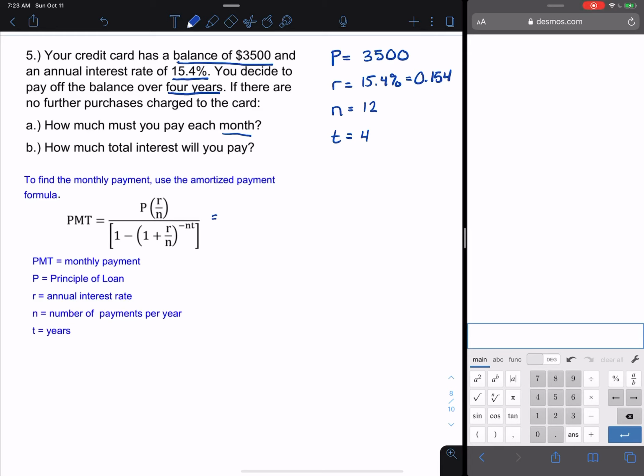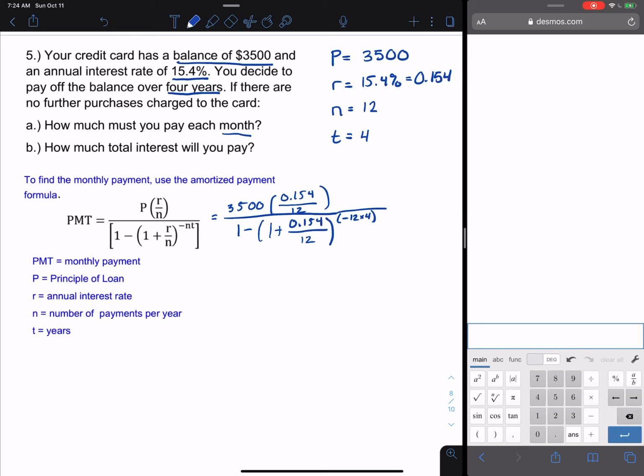So when I substitute into this formula, I'm going to have 3,500 times 0.154 over 12, all over 1 minus 1 plus that same fraction raised to the power of negative 12 times 4.